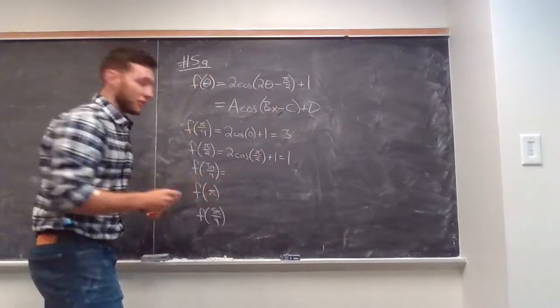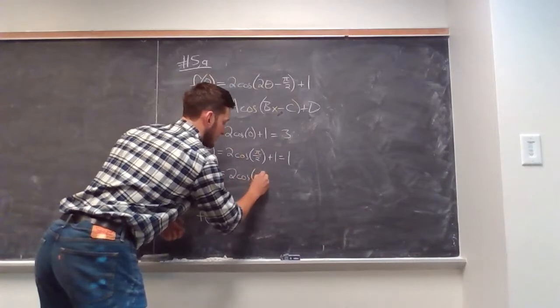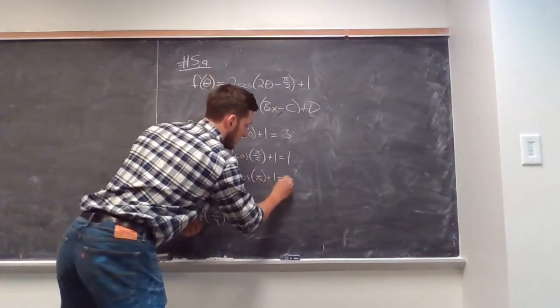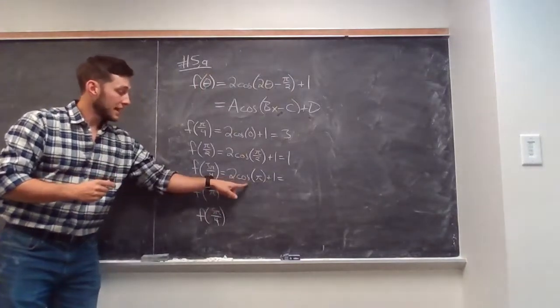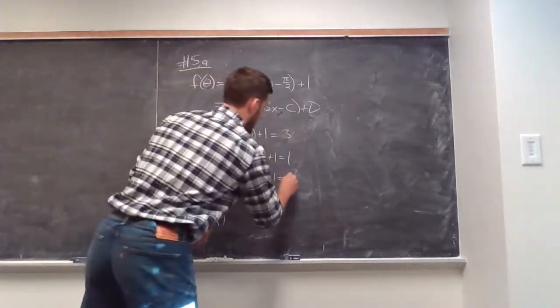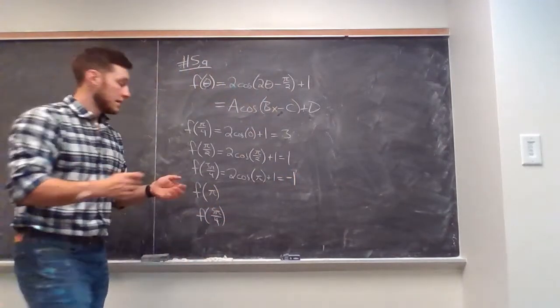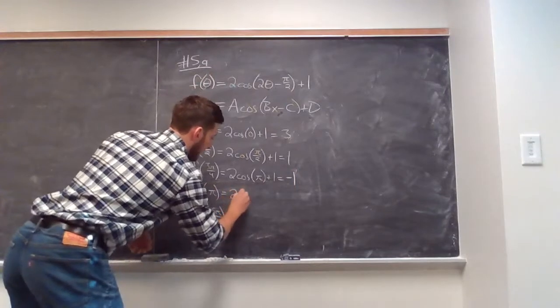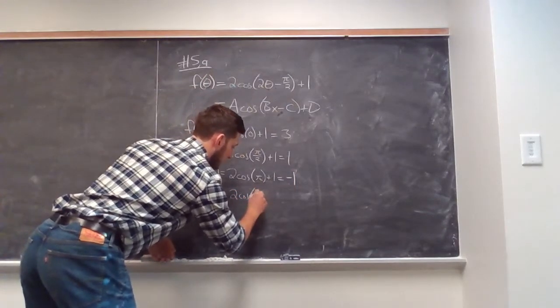F of 3 pi over 4, well, by design, that important point makes the inside of cosine just regular pi. Cosine of pi is negative 1. Negative 1 times 2 is negative 2, plus 1 gives me negative 1. When I plug in pi, by design, that made the inside of cosine 3 pi over 2.